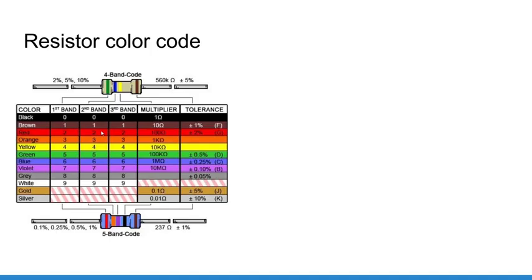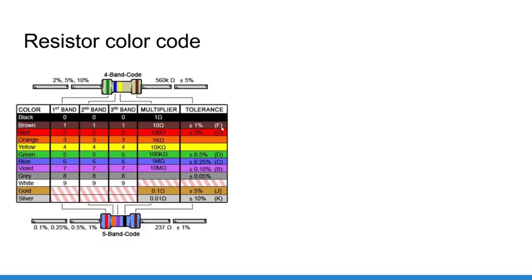The third band will be here because you don't have this band for a 4-band resistor. So the third band will be the multiplier. So if you have a band, let's say brown, then you take your first number, which is 22, and you multiply it by 10. So this becomes 220 ohm.